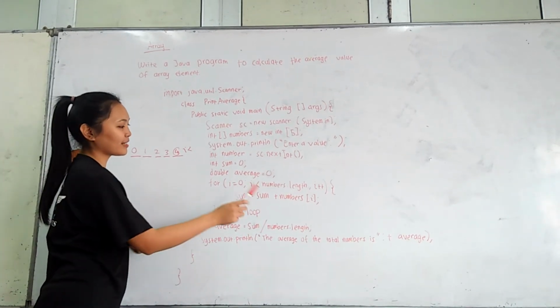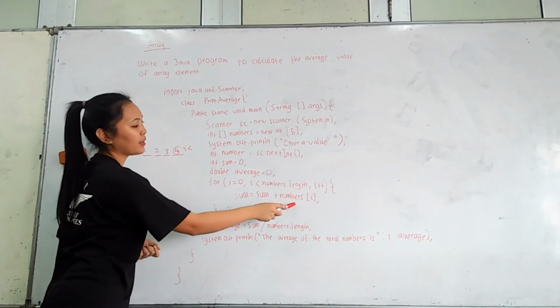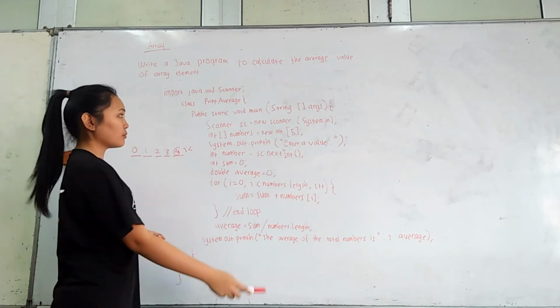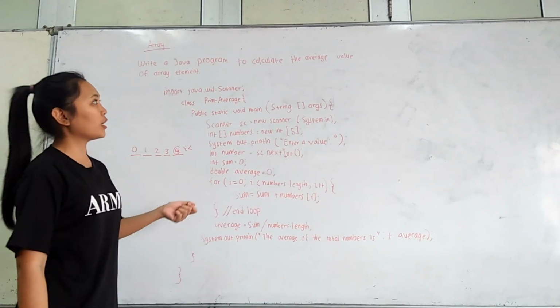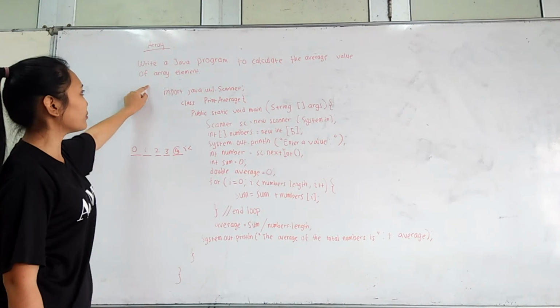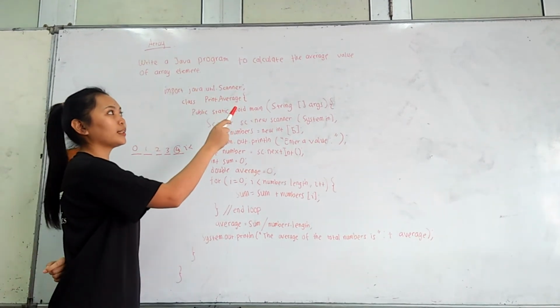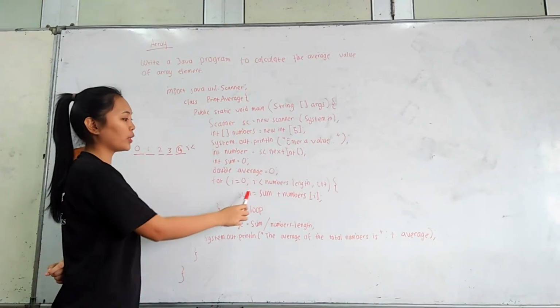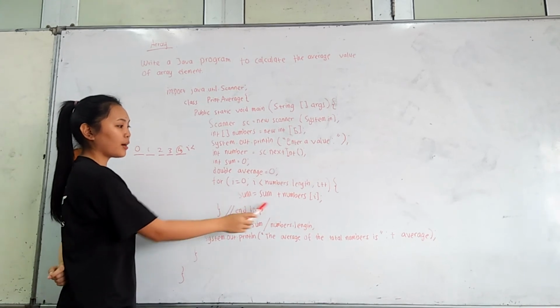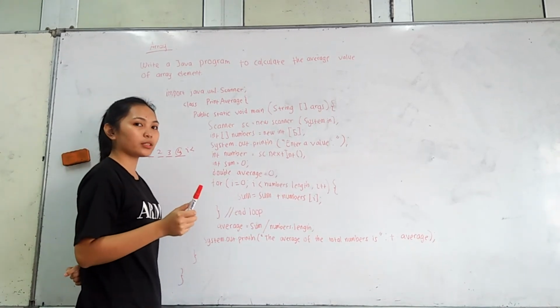Okay, next is sum = sum + numbers[i]. If we look back at the question given, we need to calculate the average, right? So we calculate the sum first to calculate the average.